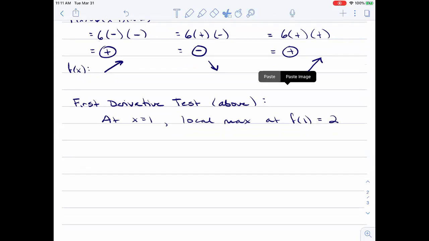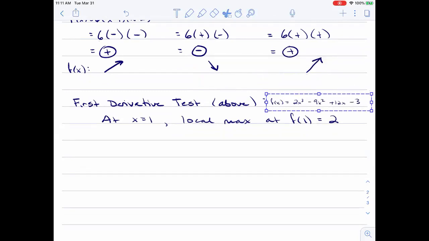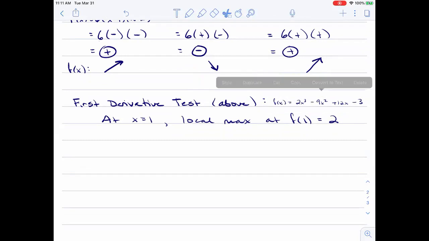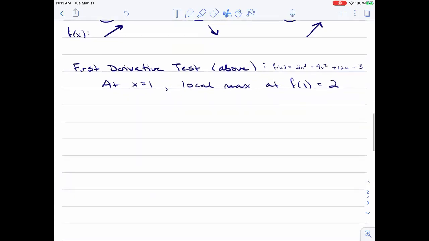I'll put it here and shrink it way down, just as a little reminder. So f of 1 is 2, so we've got a maximum at y equals 2, and then at x equals 2, we said we have a local minimum at f of 2, which is 1, right? Plugging in 2 into each of these x's.